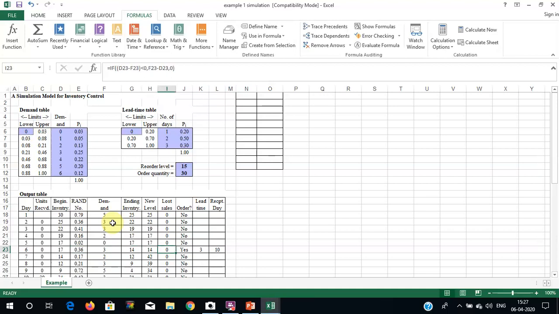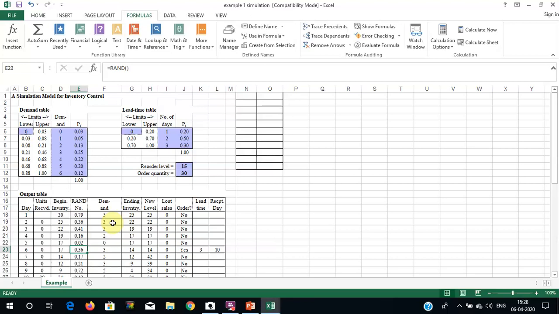Because you supplied 3 units, lost sales is 0. Now you have reached 14 units, which is below the reorder level, and of course you need to place an order.